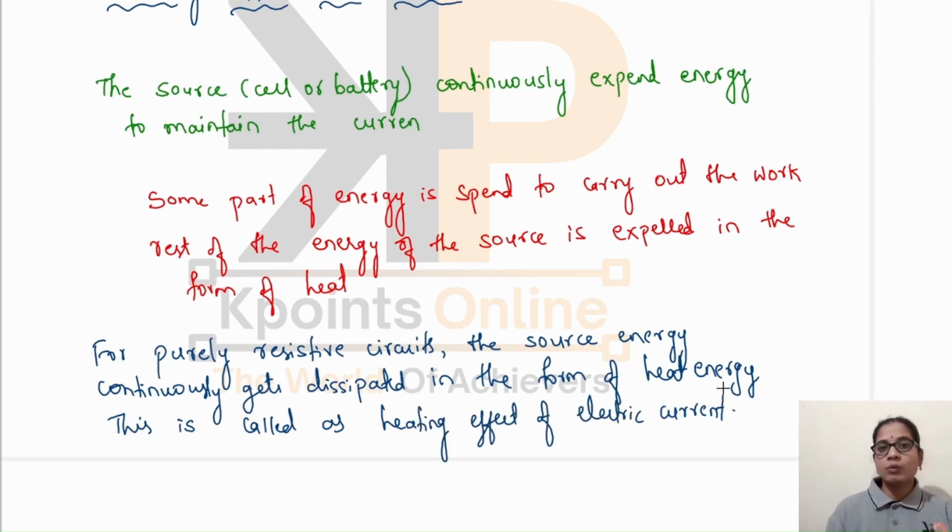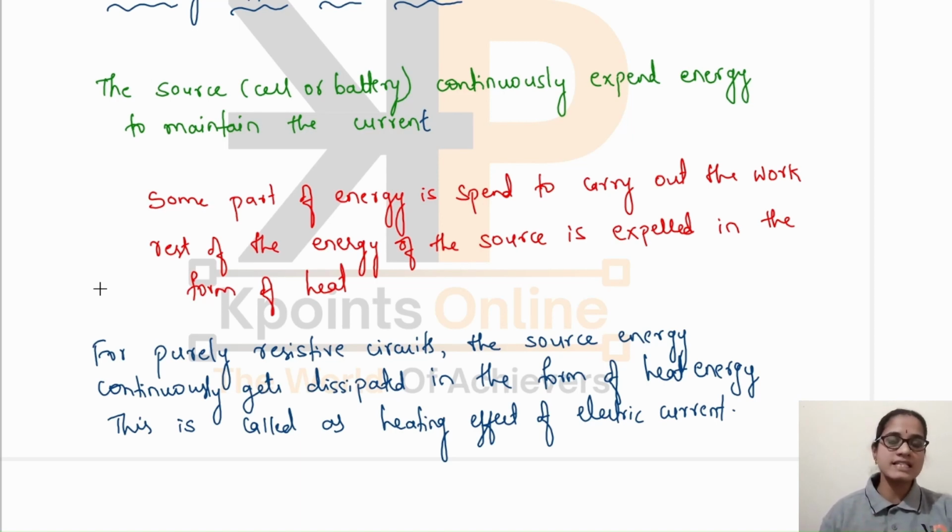When we use the purely resistive circuits, the source energy will continuously expend its energy, which is converted into heat. We make use of that heat in many electrical appliances like iron box, electrical heaters, etc. So understand here that the source continuously expends energy to maintain the current, and some part of this energy is spent to carry out the work, and the rest is expelled in the form of heat.